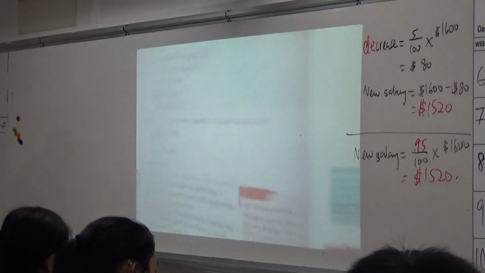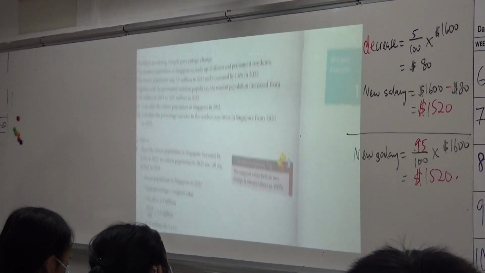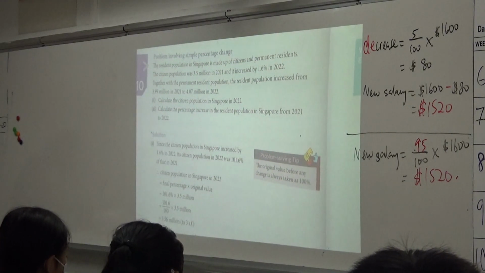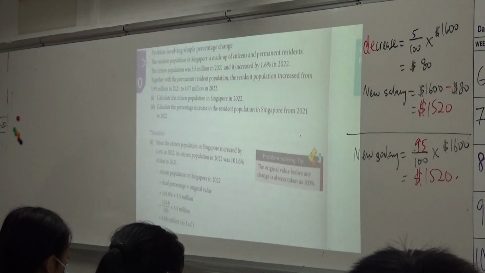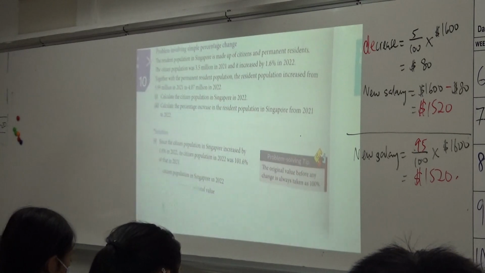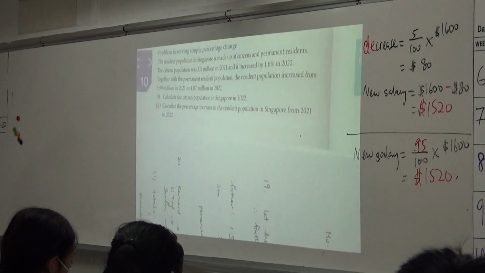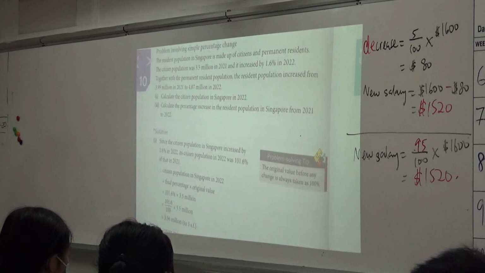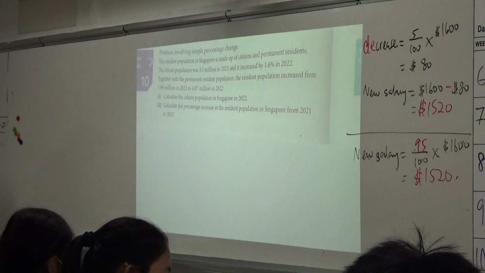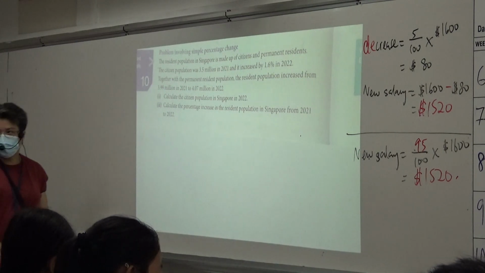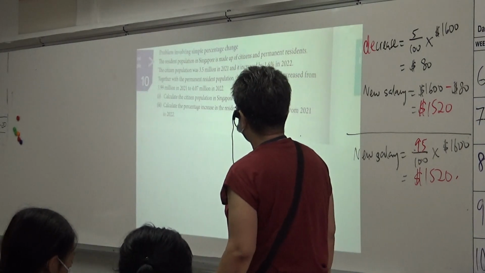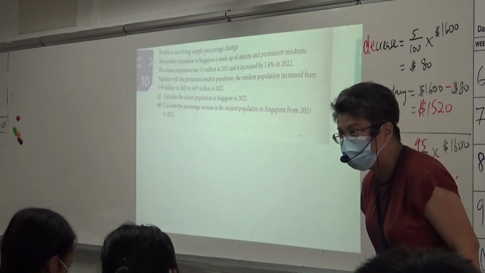Okay, example 10. Okay, I'm going to read through the example, then I'm going to show you how we are going to answer the question. Slowly. The resident population in Singapore made up of citizens and permanent residents.